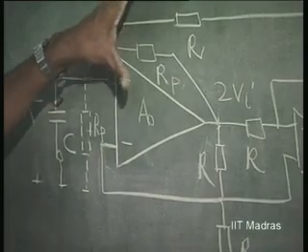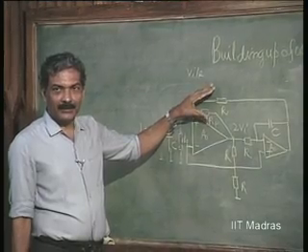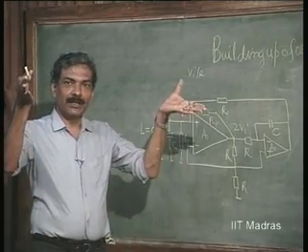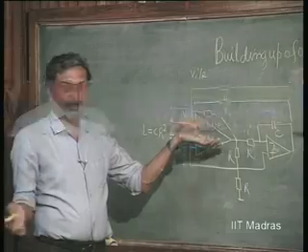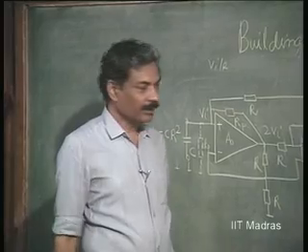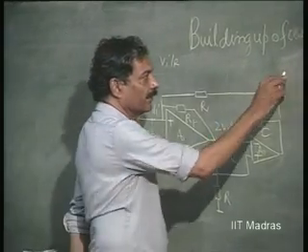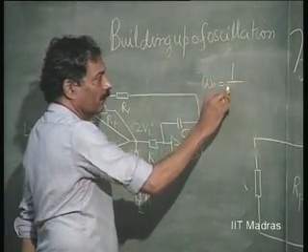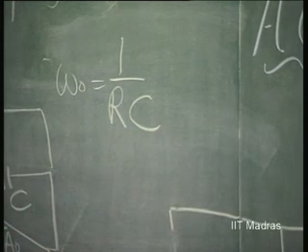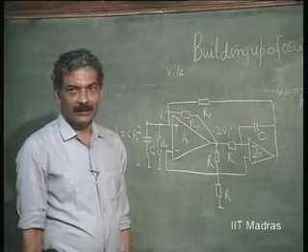You can start with a very large value of Rp and keep on reducing it. At a particular point, you will see that the whole circuit will burst into oscillation. Here there is nothing limiting the amplitude, so it will go up to the supply voltage. It will burst into beautiful sinusoidal oscillation at frequency omega naught equal to 1 over R into C. The poles therefore lie exactly on the imaginary axis.